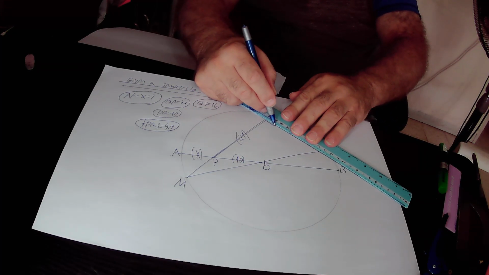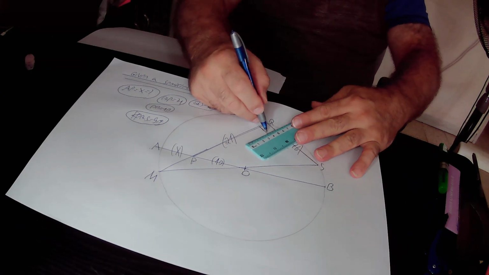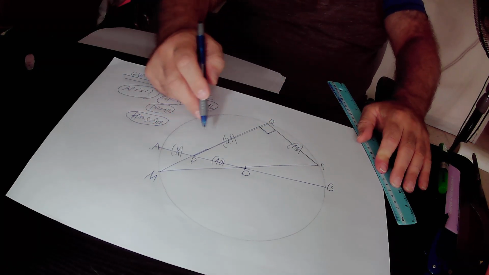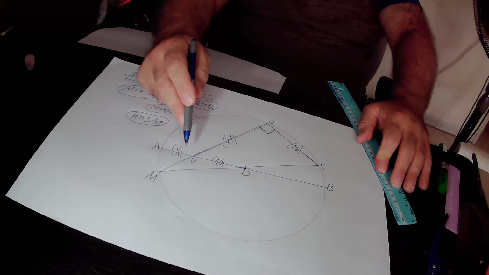So peripheral angle SQM equals 90 degrees, and peripheral angle SQM subtends chord SM.